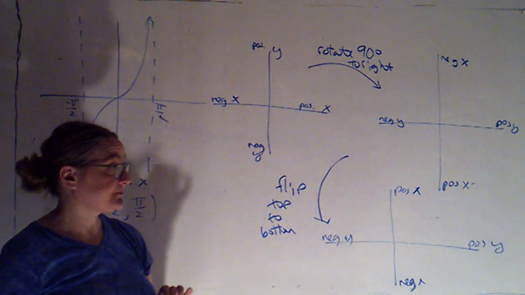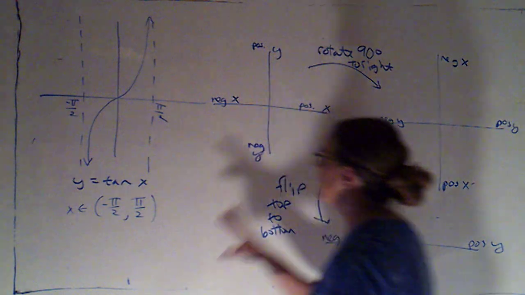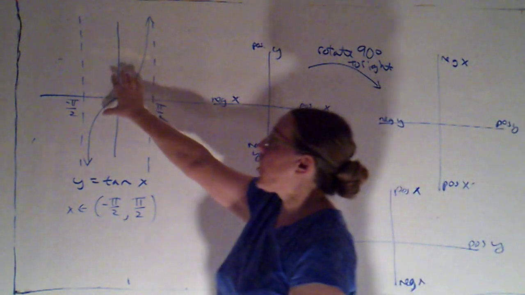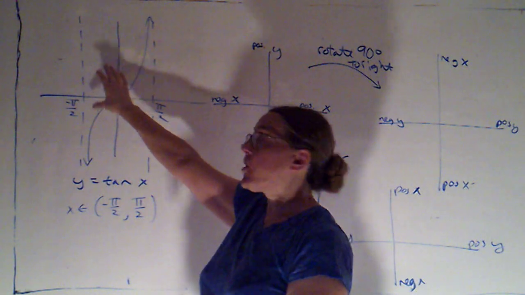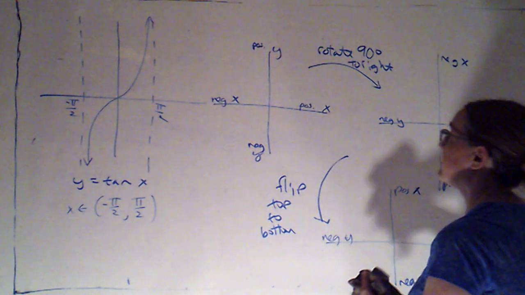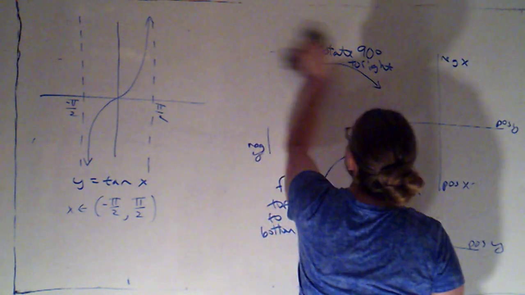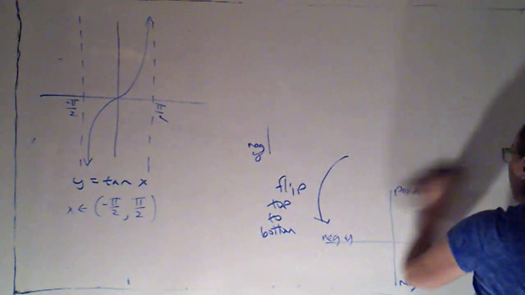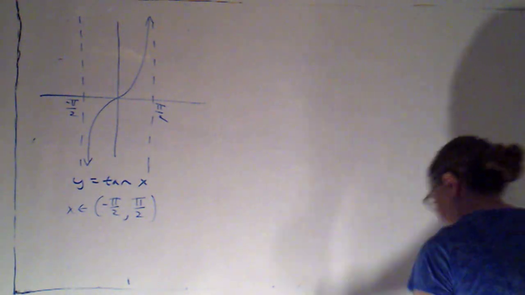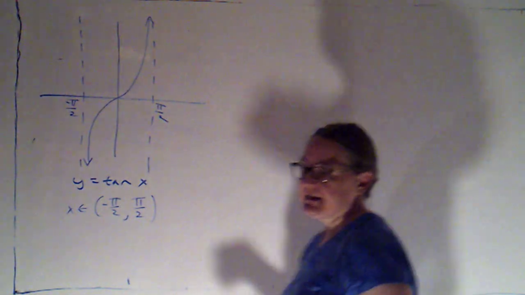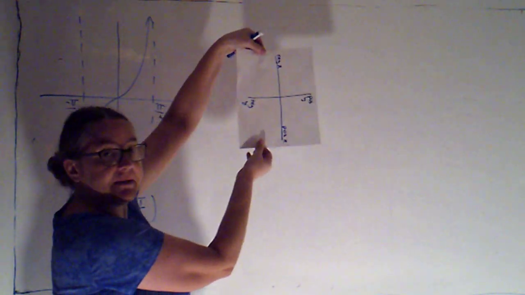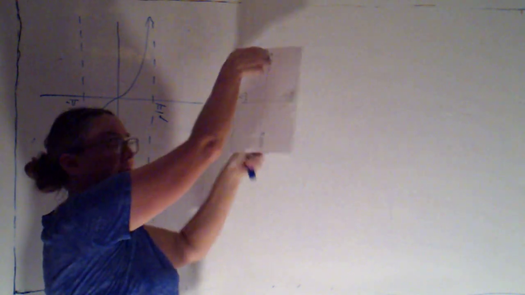So now, go back to the original side of the piece of paper that you wrote on. Draw this function. Draw tangent with a restricted domain so that x is only taking on values between negative pi over 2 and pi over 2. Take your piece of paper, rotate it 90 degrees to the right, flip it top to bottom.